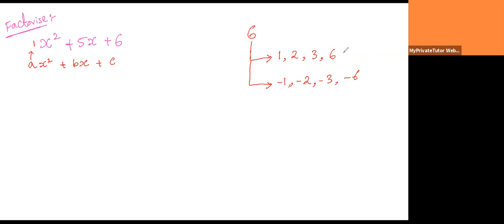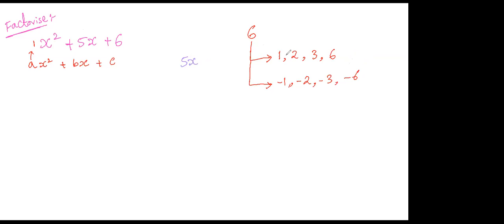So please write down the factors of the constant number. Then what you can do is check the middle number. What is the middle number here? We have 5x, you can see that.